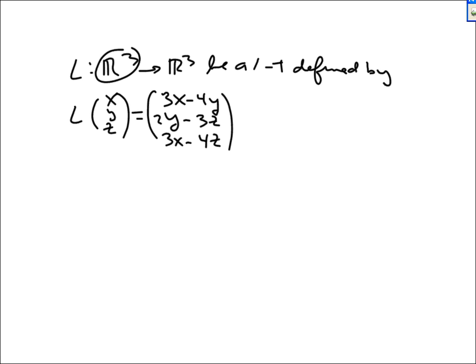I want to write this as some matrix times the vector X, which is x, y, z. It's very simple.